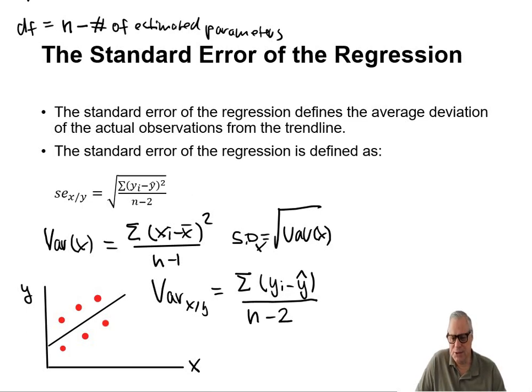And what that means is, if you have 6 observations, why do we have 4 degrees of freedom? Let's say you know that the estimated trend line y hat is, for example, 3 plus 1x. Let's just assume that. Then if we know that, we have 4 degrees of freedom.